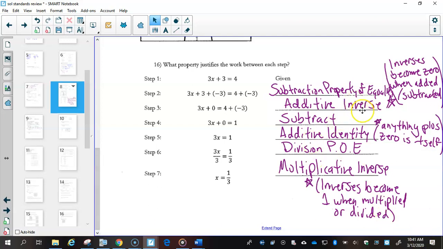Additive inverse means if you are adding or subtracting two numbers that are inverses, they become 0. Additive identity is if you are adding something to 0, it's just whatever you added, it's itself. Multiplicative inverse is if you are multiplying two inverses, they become 1 when multiplied or divided.